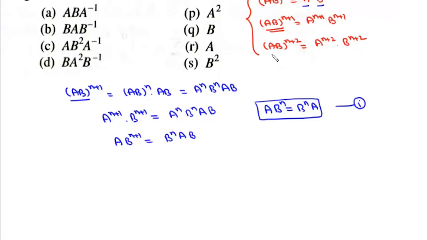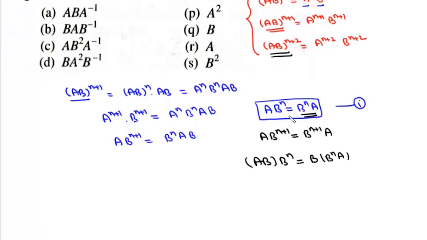Now in the same way, if we start from ab to the power n plus 2, then we'll get this result: ab to the power n plus 1 will be equal to b to the power n plus 1 into a. Now on the left hand side, we can write this as ab into b to the power n, and here we'll write this as b into b to the power n into a, and b to the power n into a is a into b to the power n.